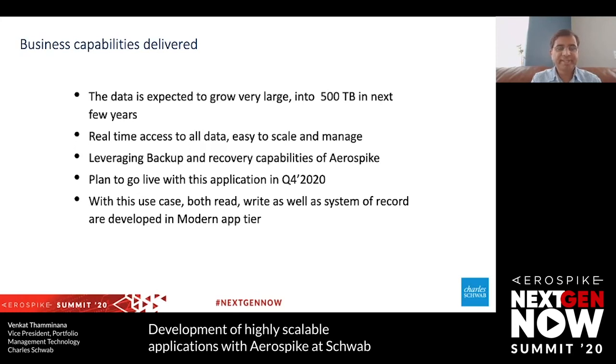Whatever happens in one data center or one network core should not impact anything on the other data centers. Leveraging those capabilities, particularly rack and XDR, really helped us support that shared-nothing architecture while providing all the latency and availability requirements.